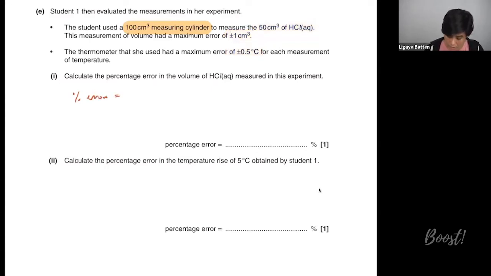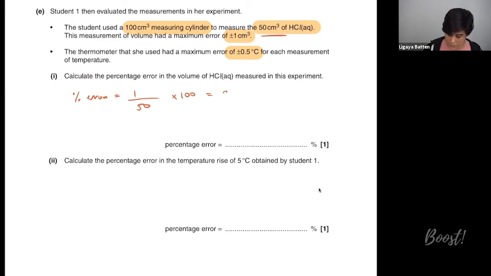Okay, so the information has told us, okay, we've got percentage error, we want the uncertainty, which was here, the 1 centimeters cubed. So 1 plus or minus 1, and then we measured 50, that was here. So 1 divided by 50 times by 100 should give us our percentage error. 1 divided by 50 times by 100, and that is 2.